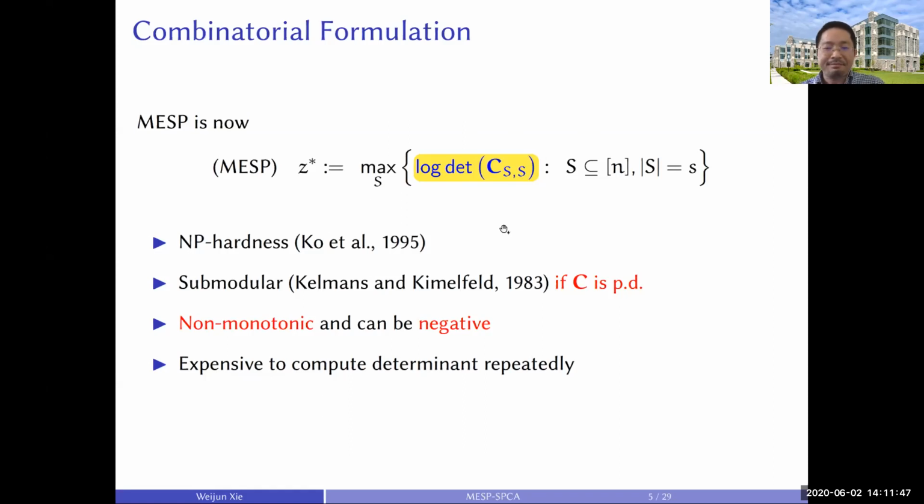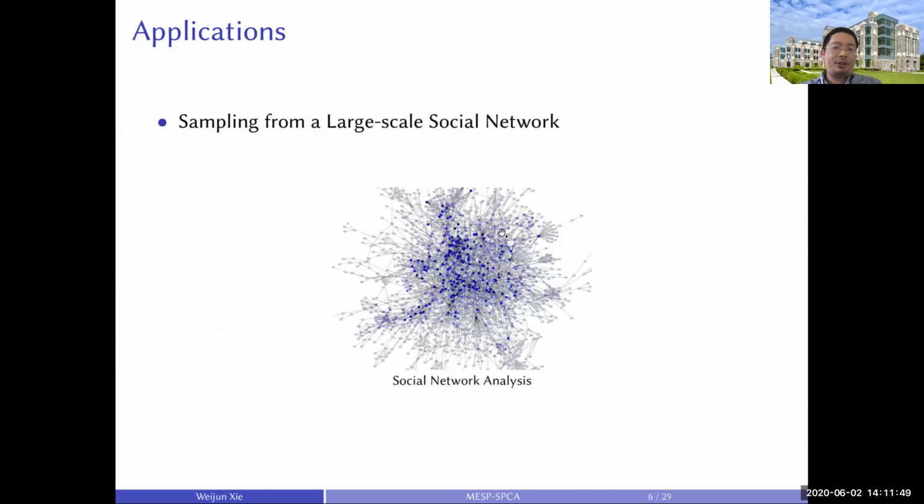Okay. So several applications we want to mention here are all from the literature. For example, in social networks, we have billions of users on Facebook, and sometimes they want to sample the most important users from the social network so they can analyze it in a better way. So it's a sampling problem.